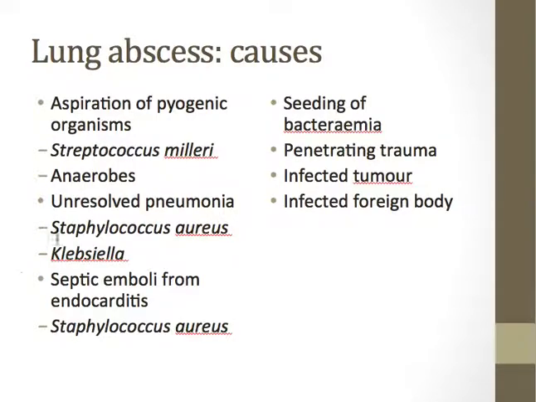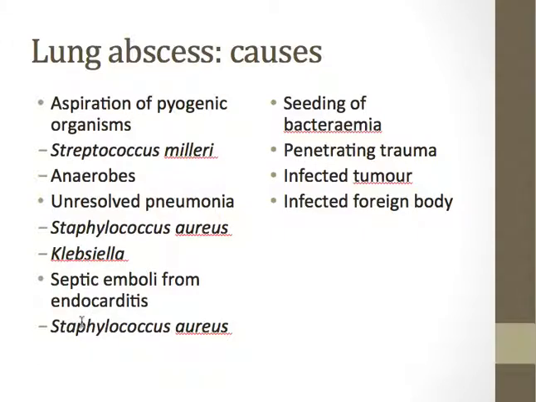The causes are aspiration from the upper respiratory tract, mouth and pharynx of pyogenic organisms, including Strep milleri and anaerobes. Also unresolved pneumonia. Particular causes of abscesses are Staphylococcus aureus and Klebsiella. You can get septic emboli from endocarditis, and this is probably the commonest cause I see in my hospital population, where we see intravenous drug users who've injected themselves with needles contaminated with their own or someone else's skin organisms.